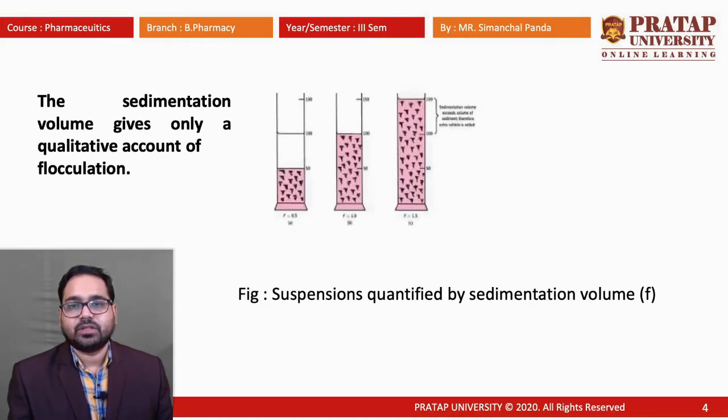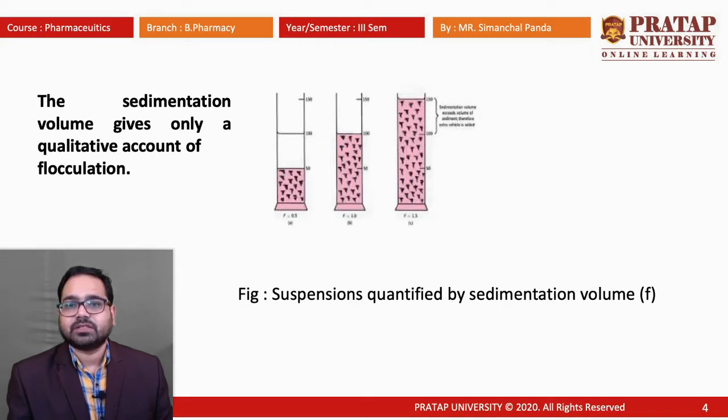Here, as I told in the example, we can see there are 3 diagrams, A, B and C. When the time was 0, the solid particles, that is the dispersed phase, had the same volume as the dispersion phase, so the F value was equal to 1 when the time was 0.